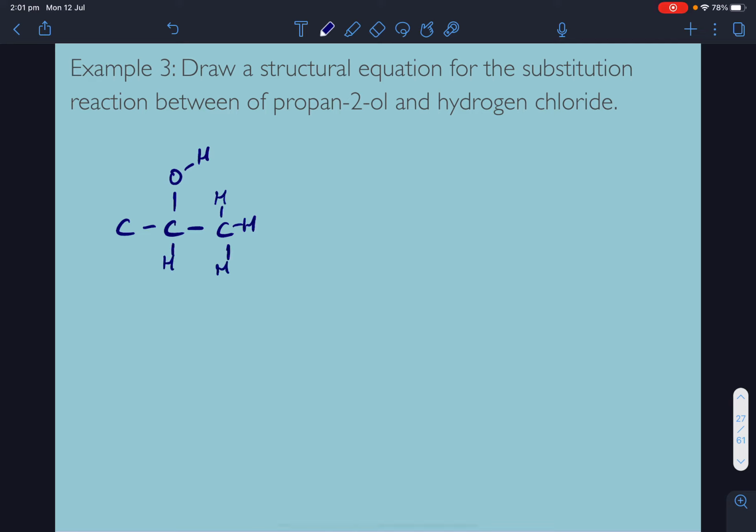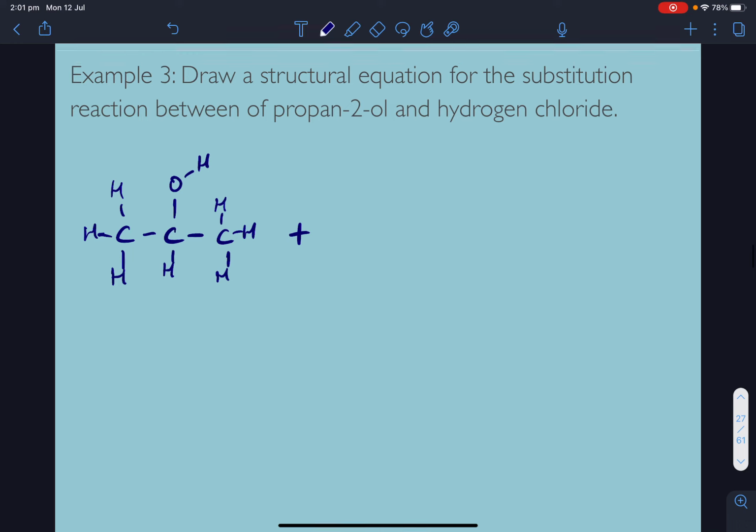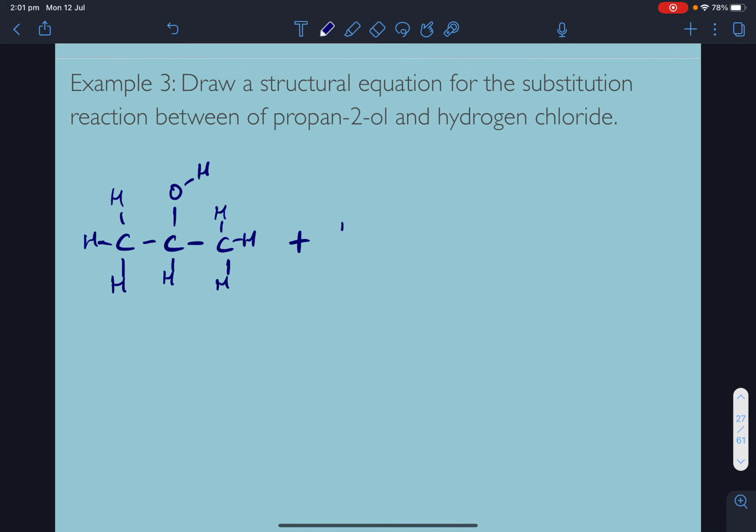We're doing a substitution reaction, so swapping it out with hydrogen chloride. Notice I put a little bond there, it helps me recognize it. So what's going to happen is these guys go with that guy, and this guy comes in there.